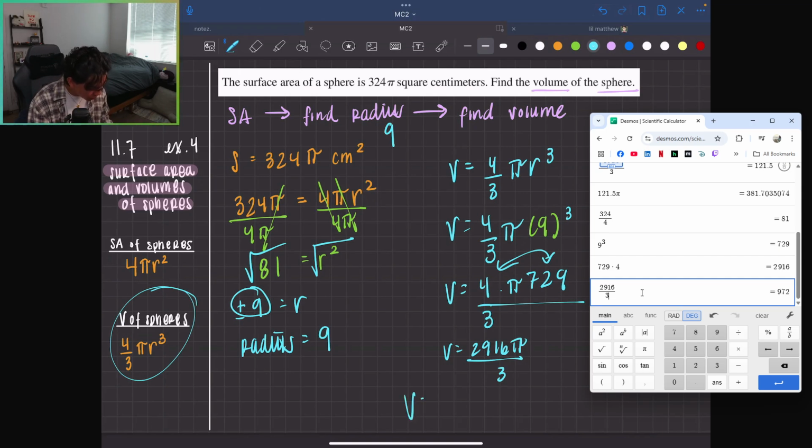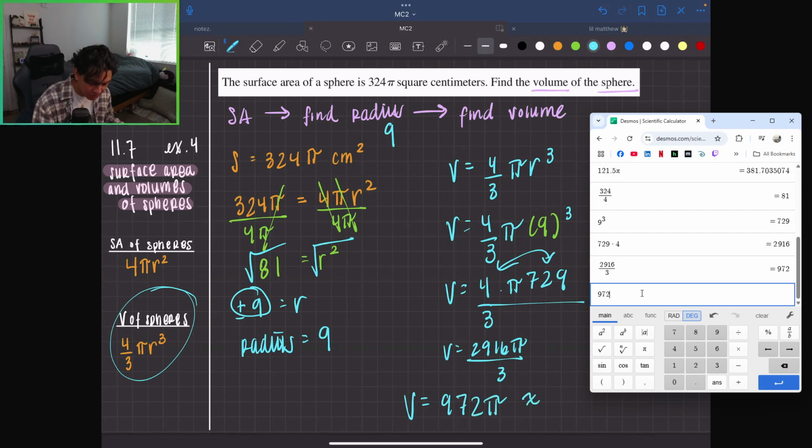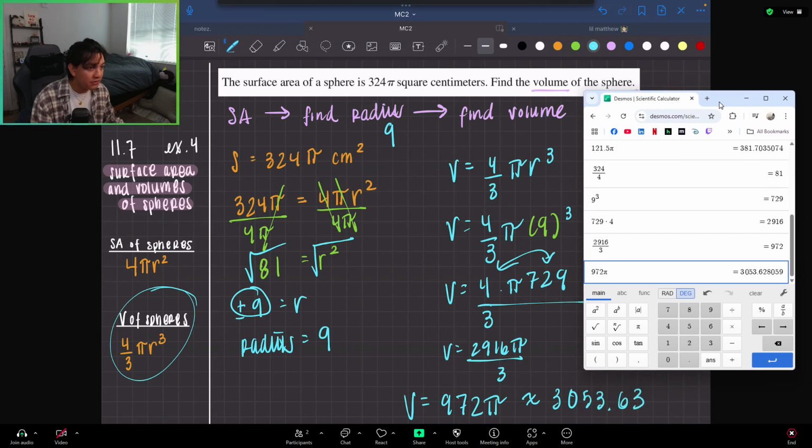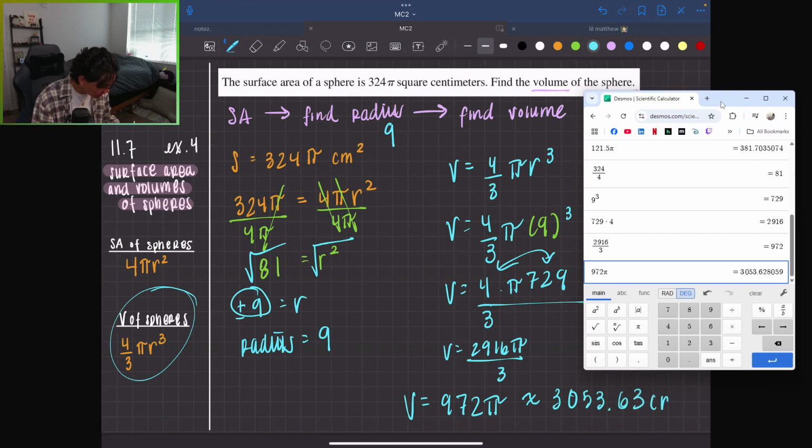So our volume in terms of pi is going to be 972 pi. And what does this approximate to? 972 pi is 3,053.63628. To 2 decimal places, round up. And the units here are centimeters cubed, cubic centimeters.